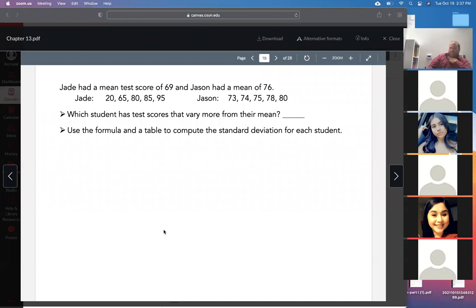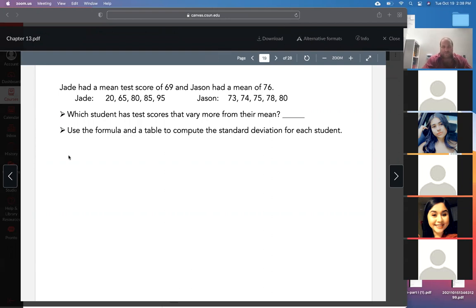So just looking, which student had test scores that vary more from their mean? Jade. Let's calculate the standard deviation for each student and see if that is backed up.